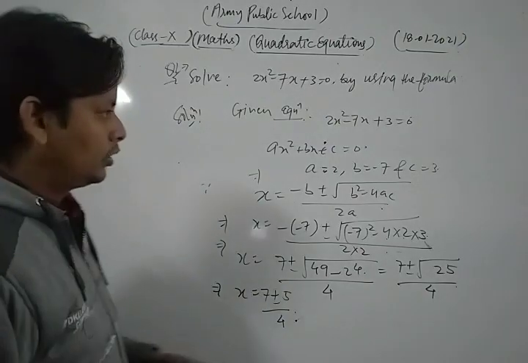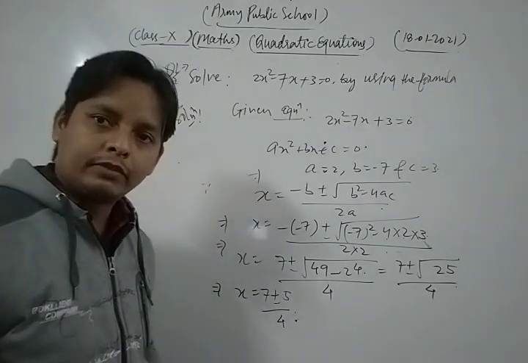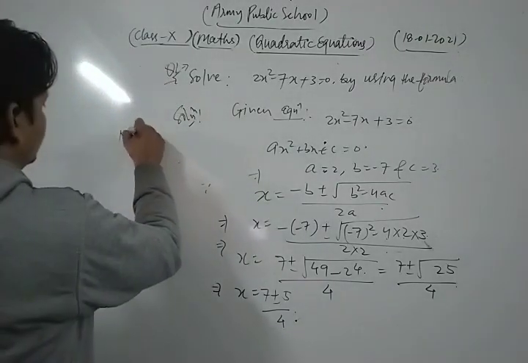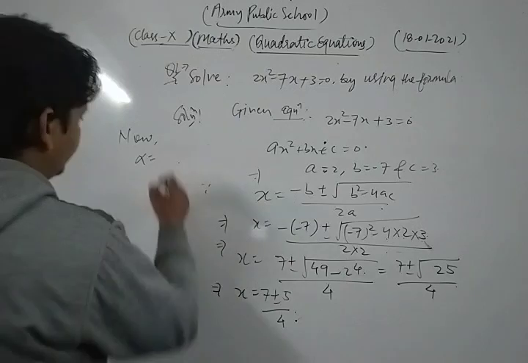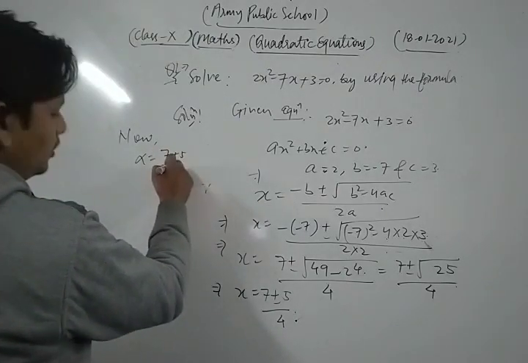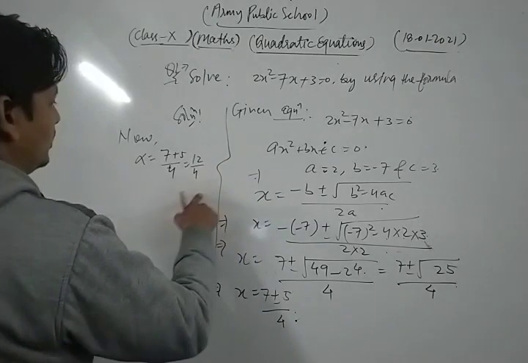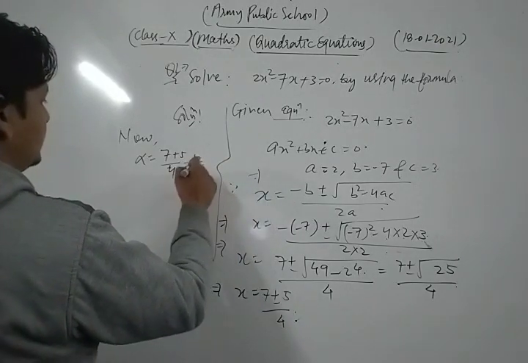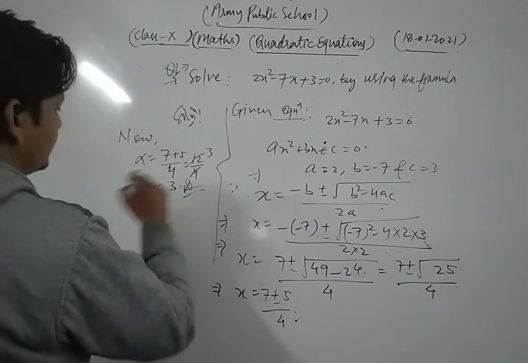Now here, first of all, we take the positive sign for the first root, alpha. For the first root we take 7 plus 5 upon 4, which is 12 upon 4. 4 threes are 12. So one root is what? 3. This is one answer.